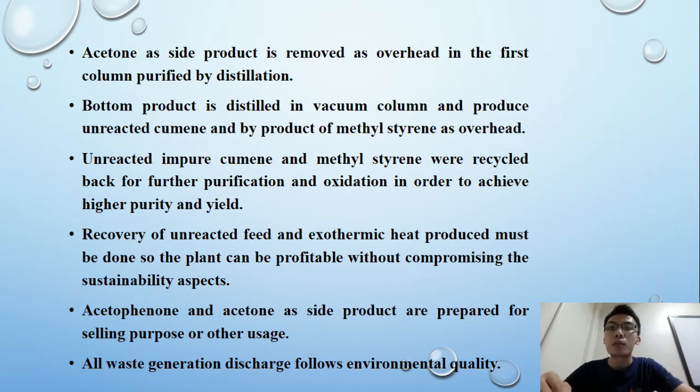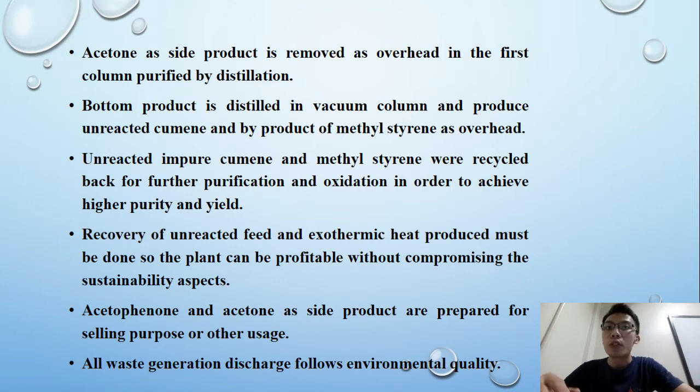Next, I'm going to briefly describe the general process. Acetone as a side product is removed as overhead in the first column and purified by distillation. The bottom product is distilled in a vacuum column to produce unreacted cumene and the byproduct methylstyrene as overhead. The unreacted impure cumene and methylstyrene need to be recycled back for further purification in order to achieve higher purity and yield.